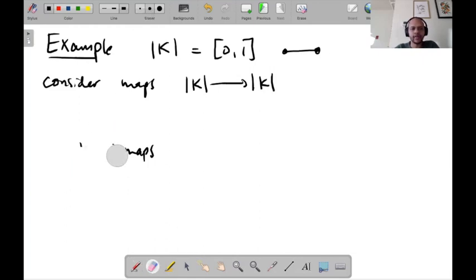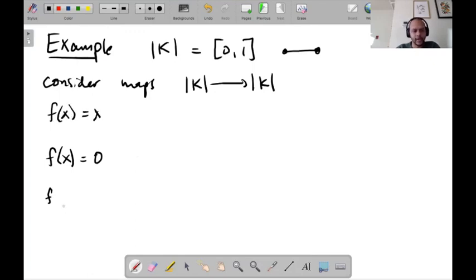Let's just write down some maps. There's the identity, f of x is x. F of x is constant 0. F of x is constant 1/2. And then f of x is x squared.